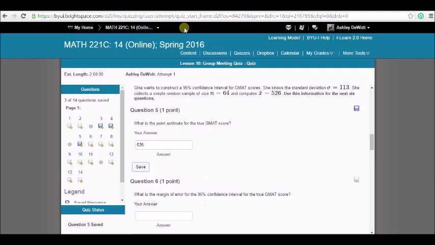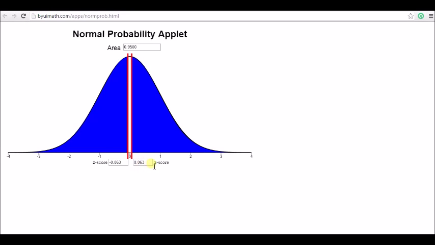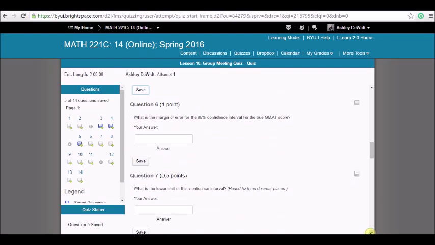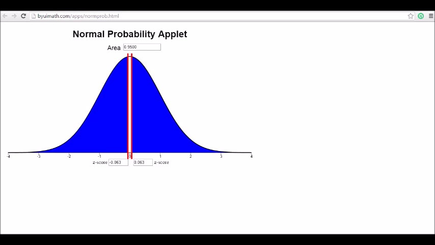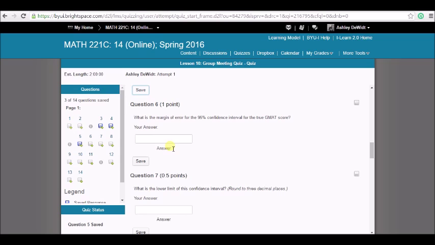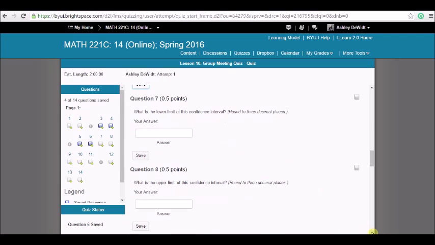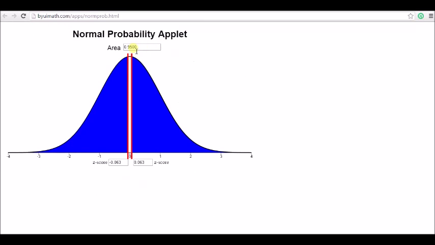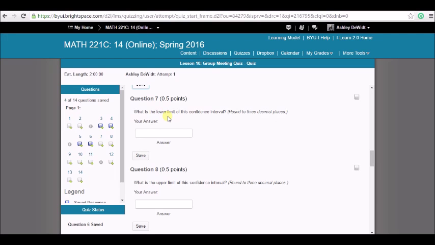And then for question 6, would it just be the normal probability applet, the number down there? What do you mean? What do we type in that? 0.063. Is that where you type in the area or the z-score? I put 95% for the area, and then I put the z-score for the answer.